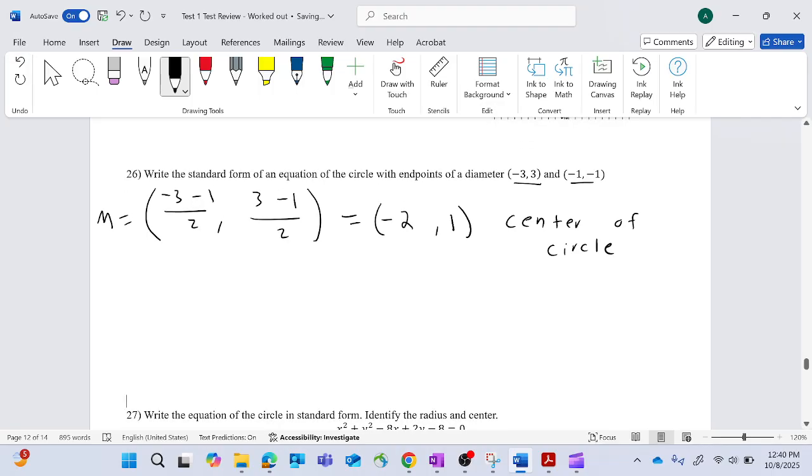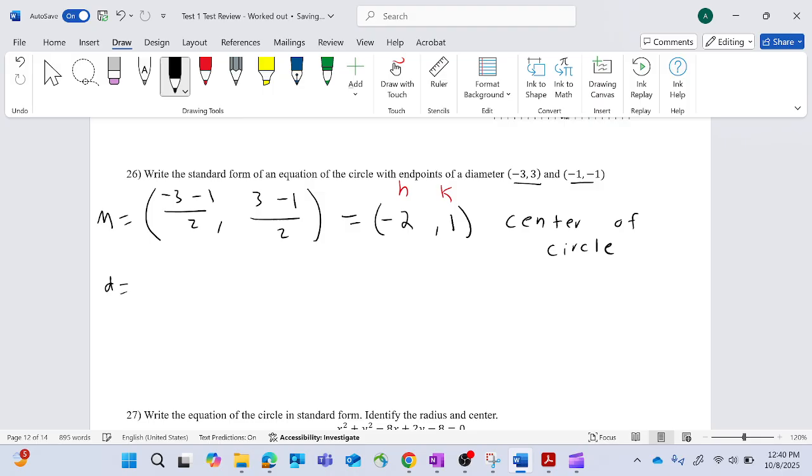It's twice the radius. All right, so now that I have the center of the circle, or my HK, I'm going to figure out the distance from this HK to one of these points. Because remember, these are on the outside of the circle, and this is the center. So the distance from the center to any point on the circle is the radius.